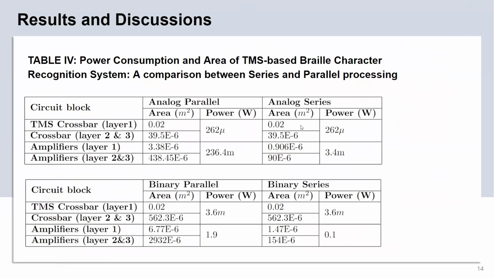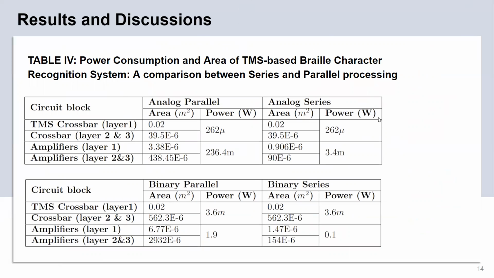Table 4 shows the power consumption and area of the TMS based Braille character recognition system, a comparison between series and parallel processing. The output of the crossbar can be parallel processed or serial processed.